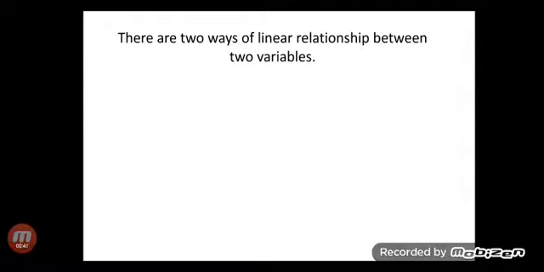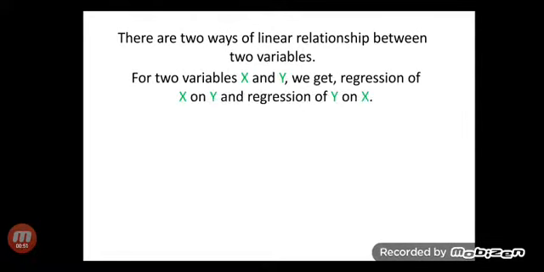There are two ways of linear relationship between two variables. For two variables x and y, we get regression of x on y and regression of y on x.